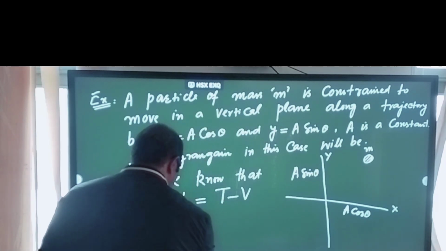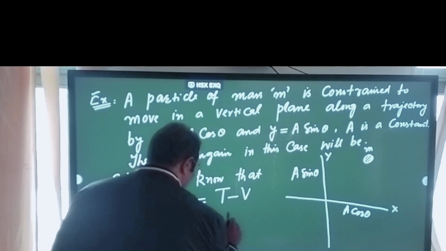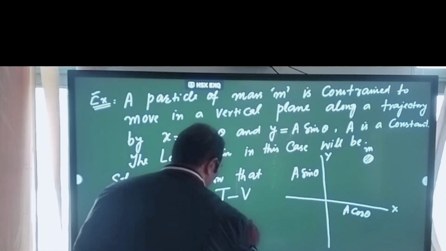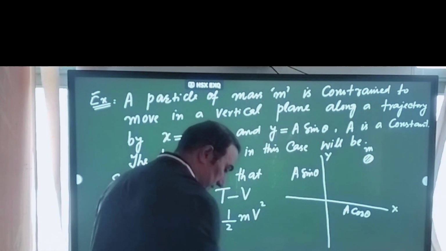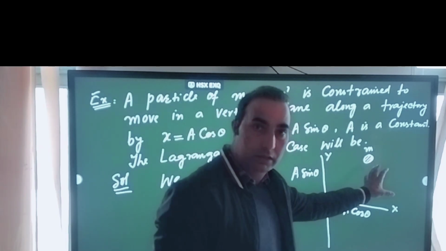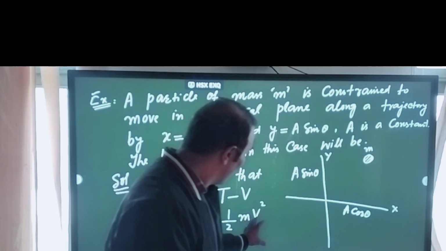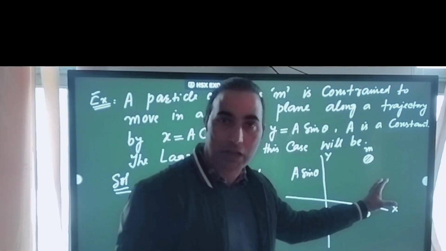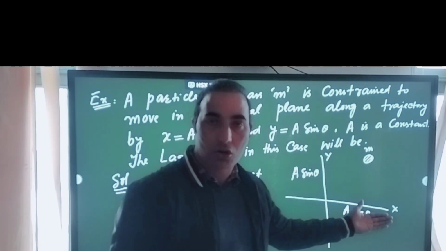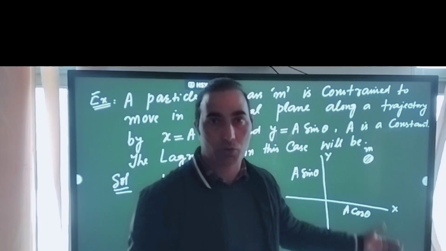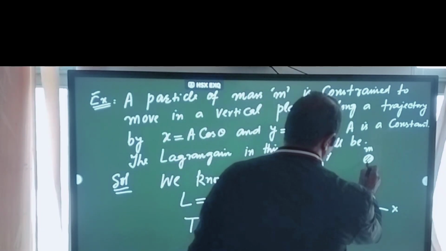let us first write what our T is here. That is equal to 1 by 2 m v square. We have a particle of mass m moving with some velocity v, but this v has two components, horizontal as well as vertical.